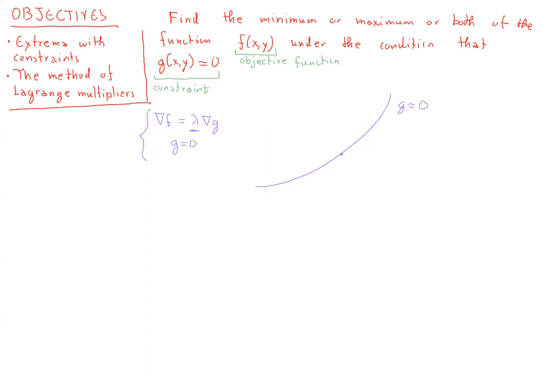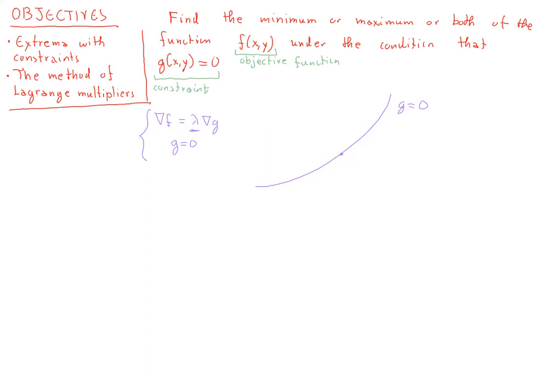So what that would mean is that the directional derivative along all directions that are within the constraint, which means they're tangent to this curve at the point in question, are zero.